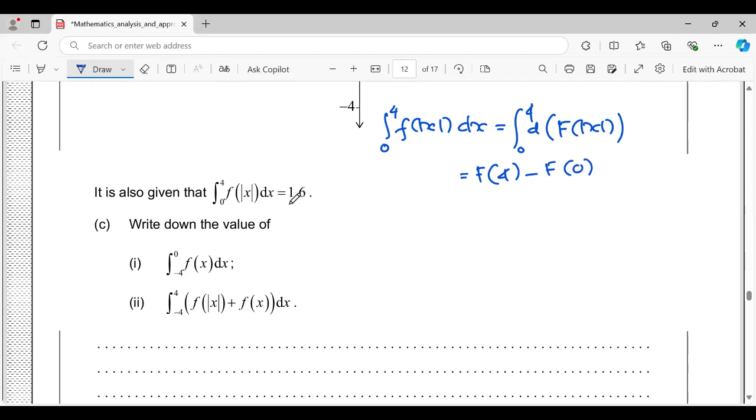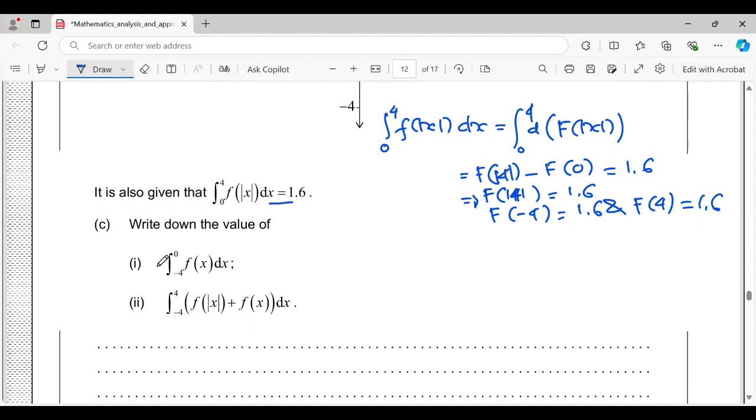According to this statement that it is 1.6, it means F(4) equals 1.6. So the implication is F(-4) is 1.6, because the modulus of 4 is 1.6, and F(4) is 1.6.